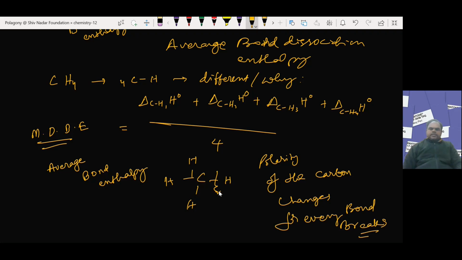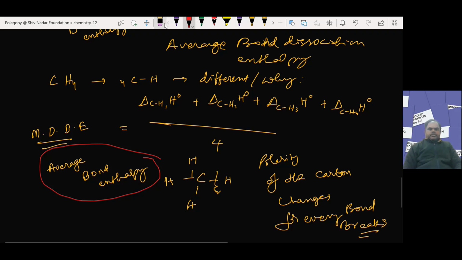So the first bond is quite difficult, the second bond is also difficult, and the third and fourth are easier, like that. So this is the mean bond dissociation enthalpy, otherwise called the average bond dissociation enthalpy in the case of polyatomic molecules.